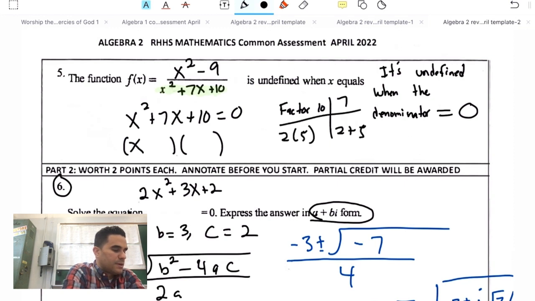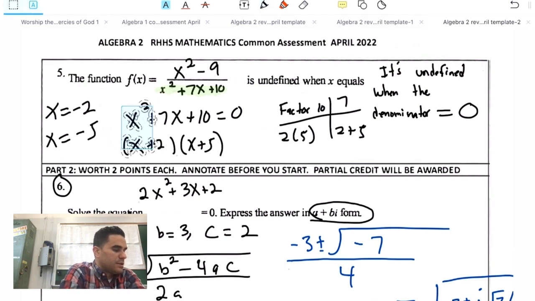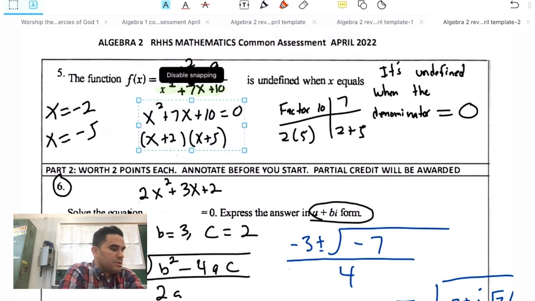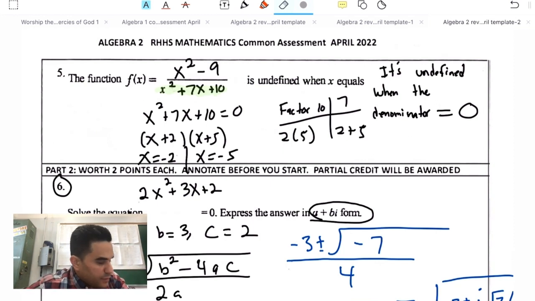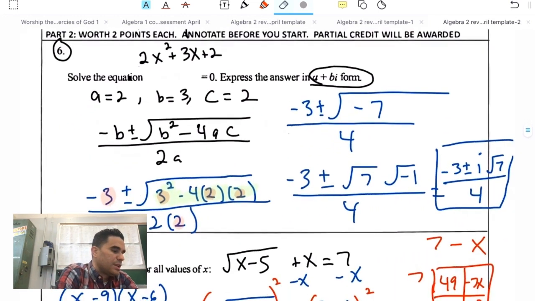So we have (x plus 2)(x plus 5). So that means x is negative 2, x is negative 5. Essentially, you take the opposite sign. So x equals negative 2, x equals negative 5. That's when this function is undefined. All right, let's go on to the next.